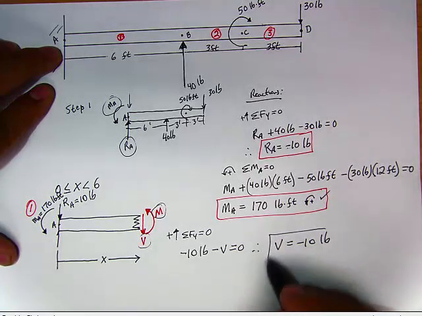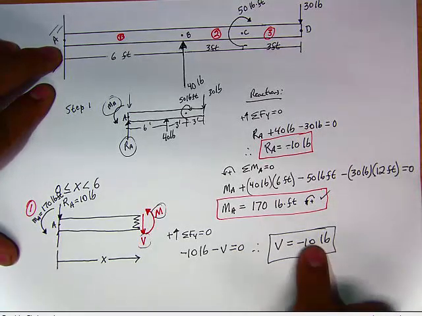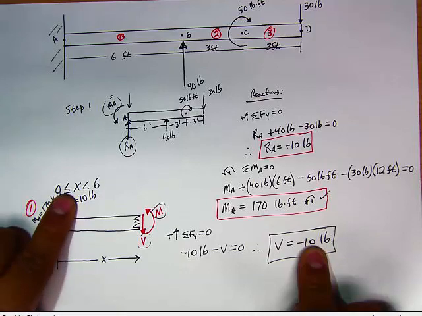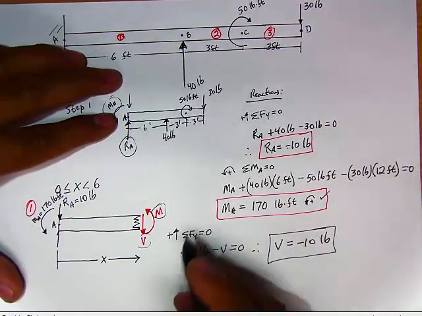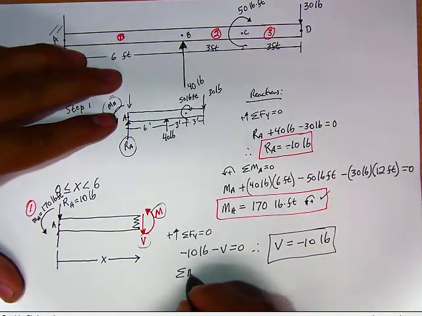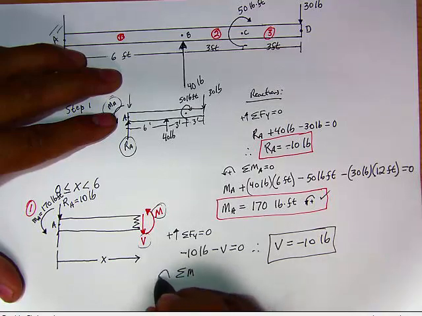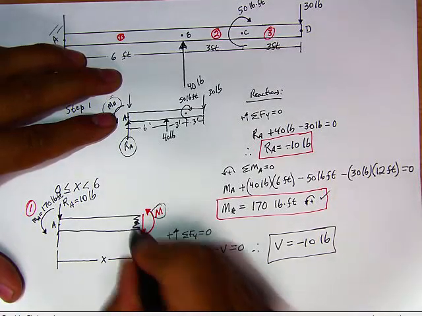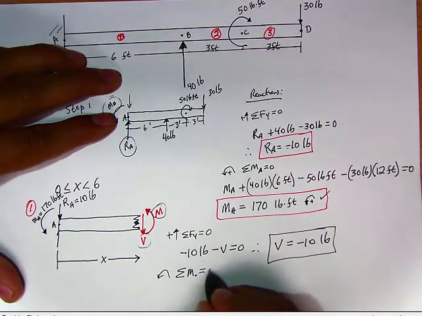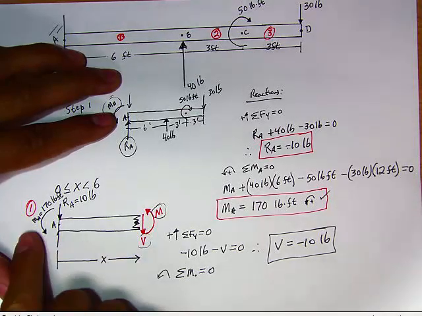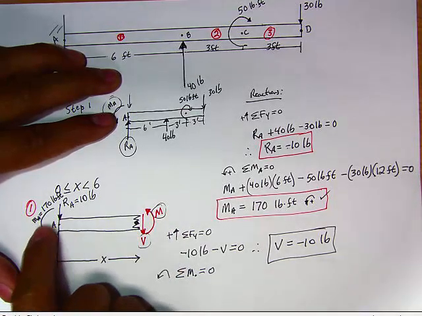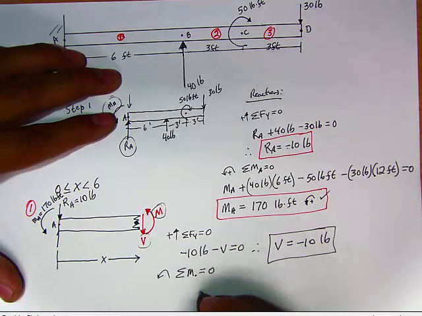All right. And again, this is only applicable from 0 to 6. Now let's do our moment. My sum of the moments about this point right here, which I'm going to call dot, must be equal to 0. And again, I start from left to right. I have MA, which is 170, since I consider counterclockwise positive.